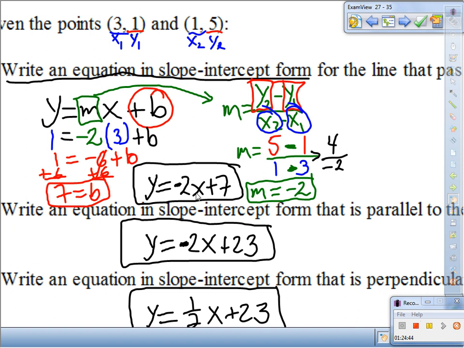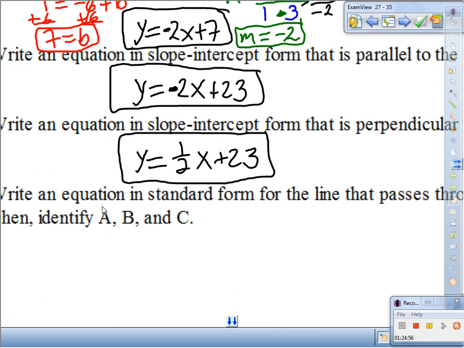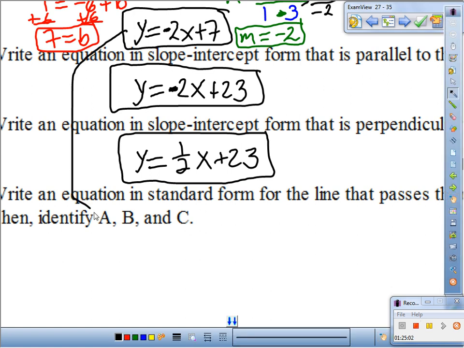The first one. Didn't we get this equation from these 2 points? Okay, so they want us to write a standard form equation for the line that passes through the 2 points. So I'm going to use this equation for part D. I'm going to write y equals negative 2x plus 7 and write it in standard form.